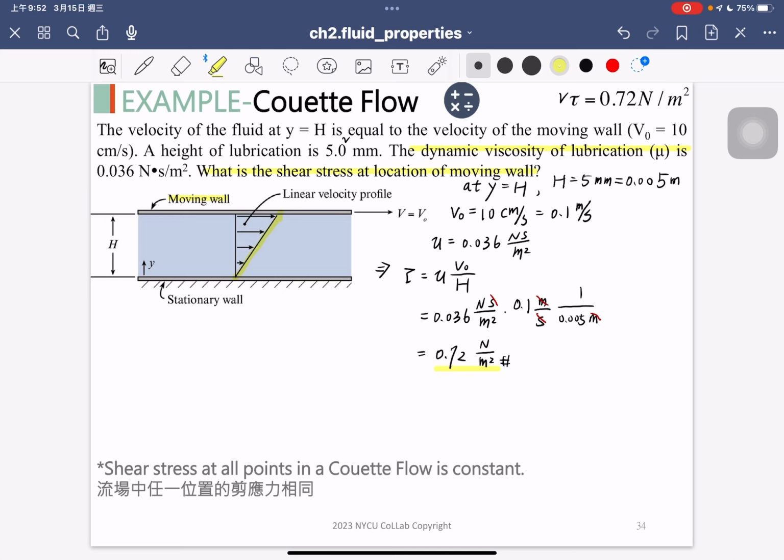Okay, we can change the material to one with lower viscosity, and we will have a higher moving speed if we fix the shear stress. Another way is we can decrease the thickness of the lubrication, and the shear stress will increase.